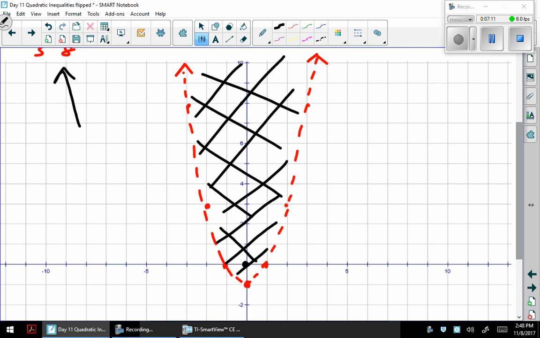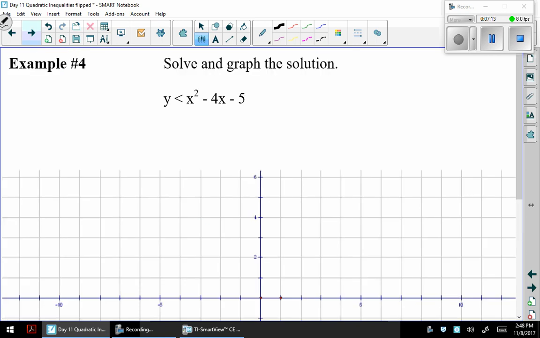All right, and the last one. Y is less than x squared minus 4x minus 5, sorry. So go to your calculator, plug it in. I got this: -1, 0; 0, -5; 1, -8; 2, -9; 3, -8; 4, -5; 5, 0.